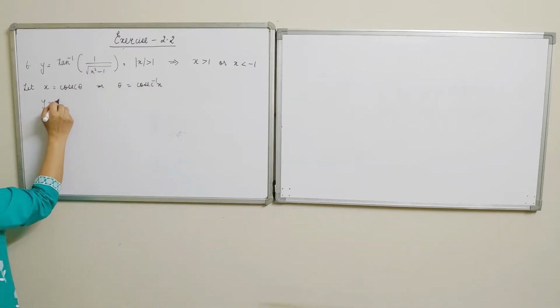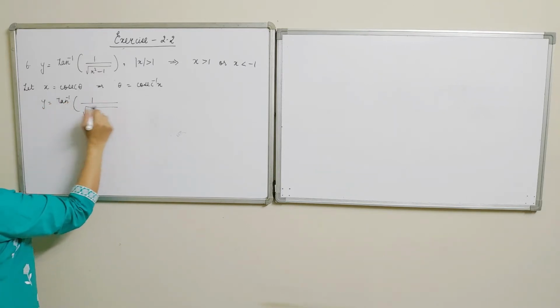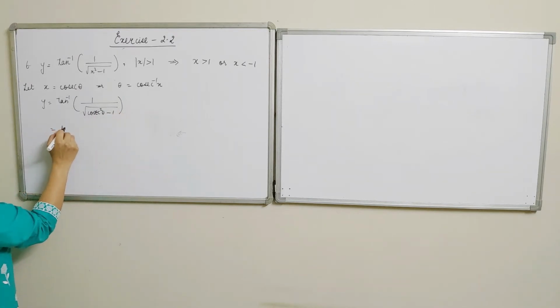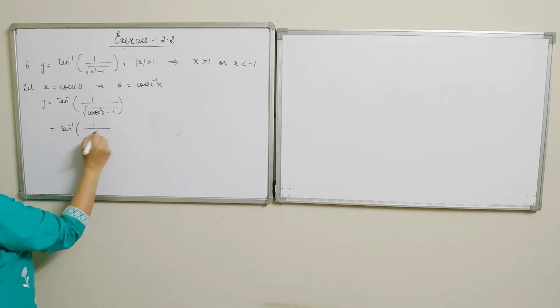So substituting this value, tan inverse 1 upon under root of x square, that is cosec square theta minus 1, and cosec square theta minus 1 is cot square theta, and under root of cot square theta can be plus minus cot theta.